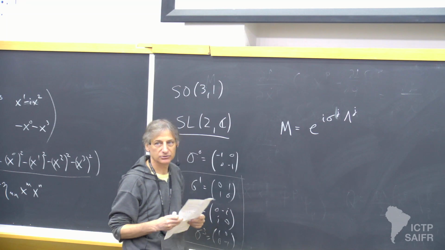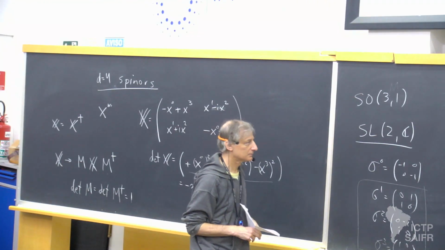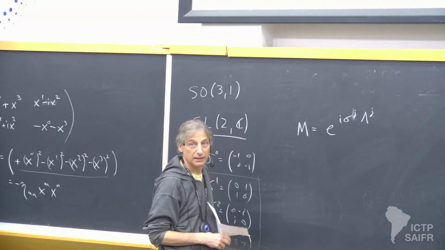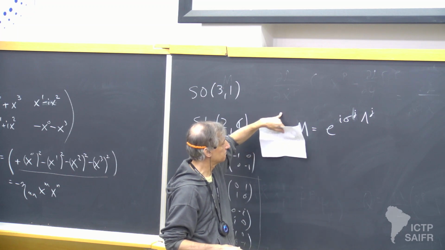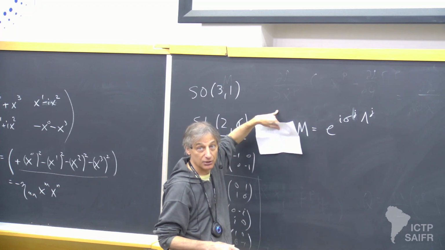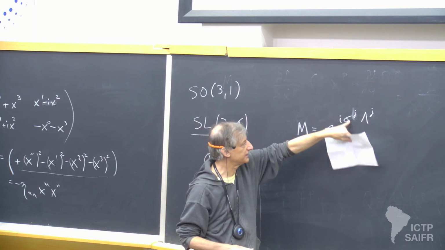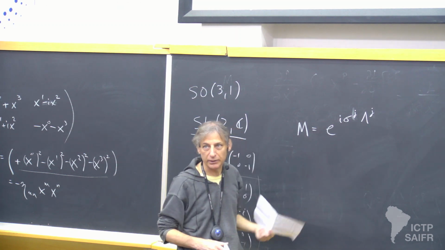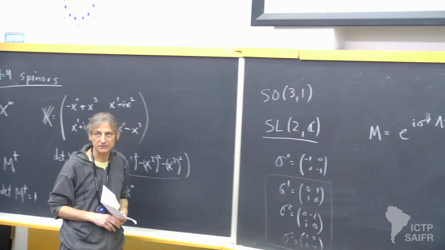It's not difficult to prove. The easiest way is to think of this as diagonal. Then you can see that the product of the diagonal entries is 1, which comes from the trace being 0, because when you exponentiate 0, you get 1. If it's not diagonal, it's slightly more complicated, but that's the idea.